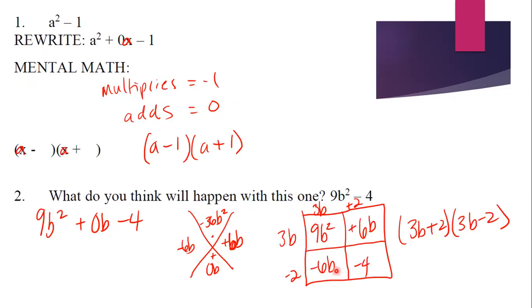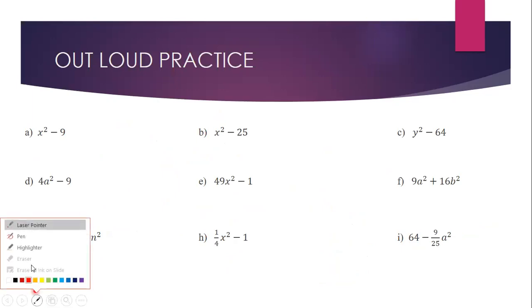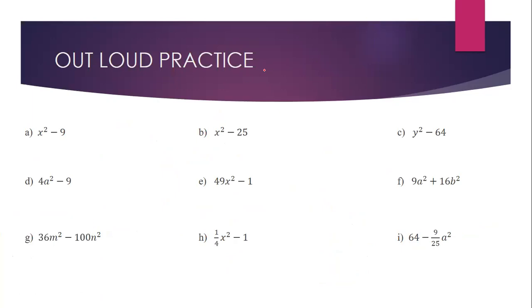The conclusion is that when you have a difference of two squares, we are looking at the first term and the second term. First thing we're going to check is: are they perfect squares? So if the first and second terms are perfect squares, and second, am I subtracting?